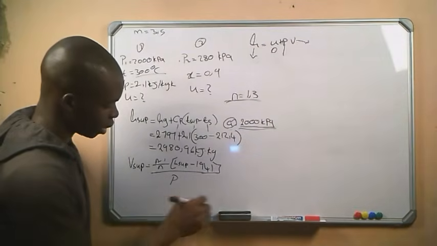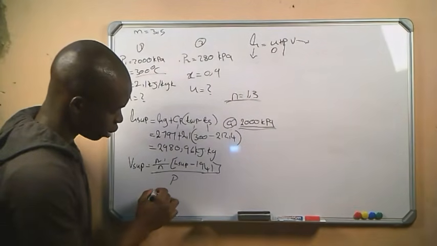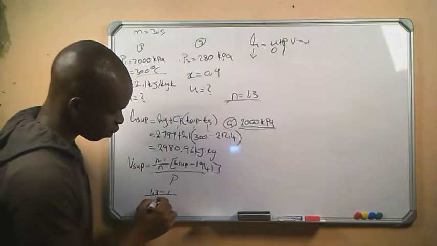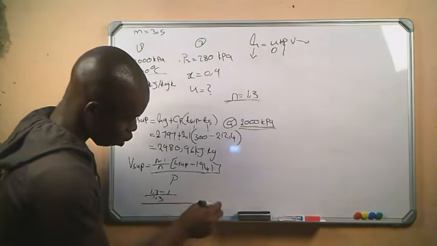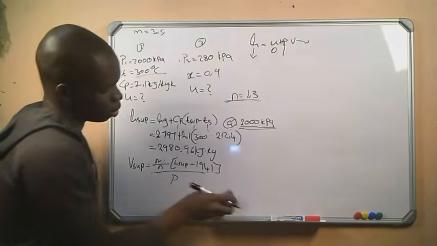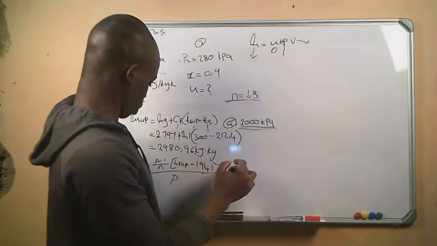So we can go ahead and say 1.3 minus 1 all by 1.3, into H sup. Let me write this here because I'm wondering whether you can see.